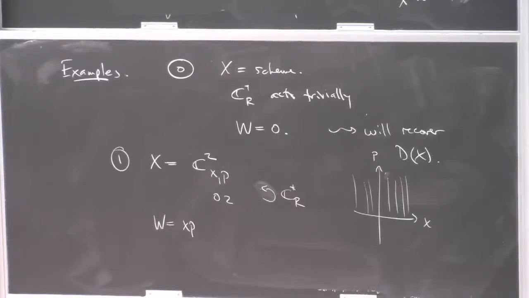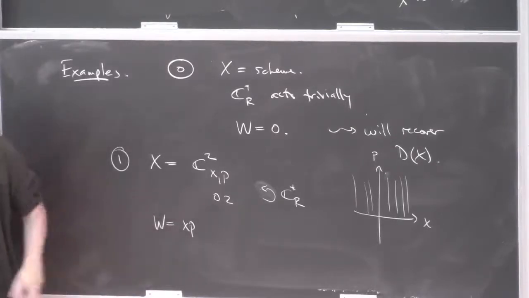So more generally, we'll end up finding that the category of matrix factorizations on this is equivalent to a point.